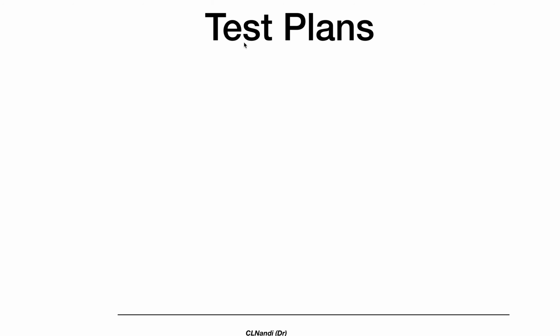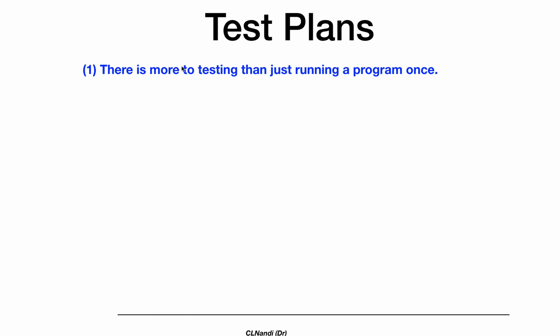So test plans. In order to perform a test, we need to devise a plan about testing, which is called a test plan. Now, it is important to realise in a test plan, there is more to testing than just running a program once. We run the program with different types of data input and look at the data output, and we see that the program is running well and as expected under all the conditions.